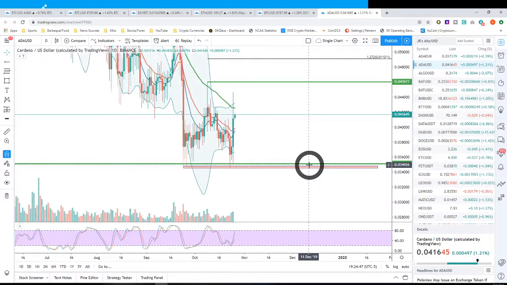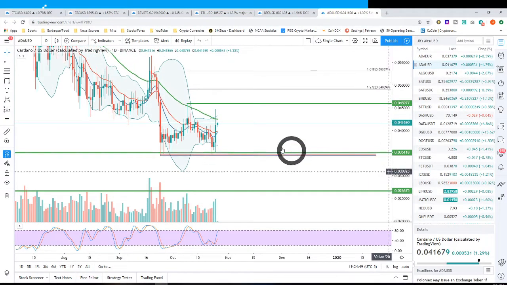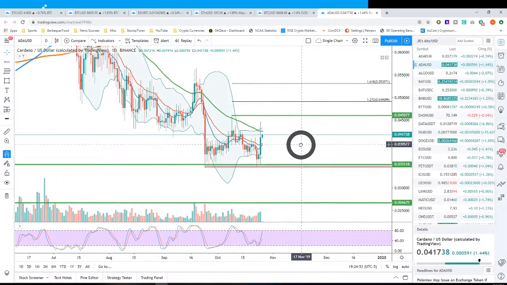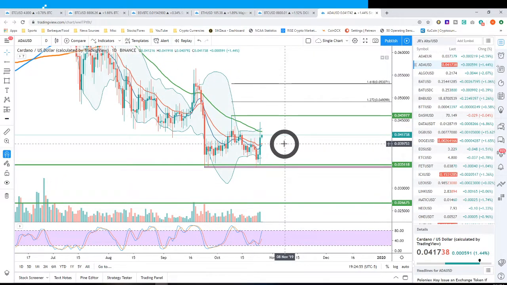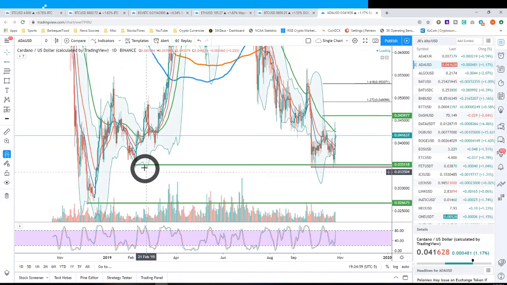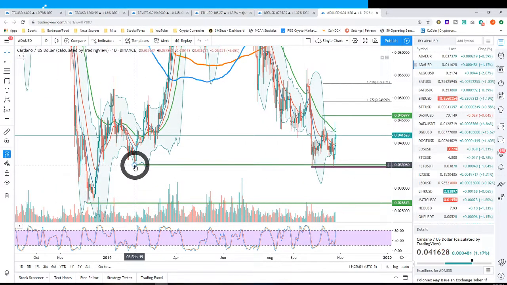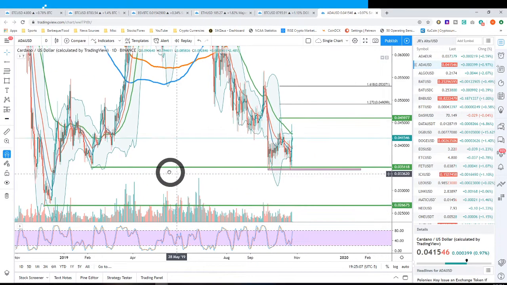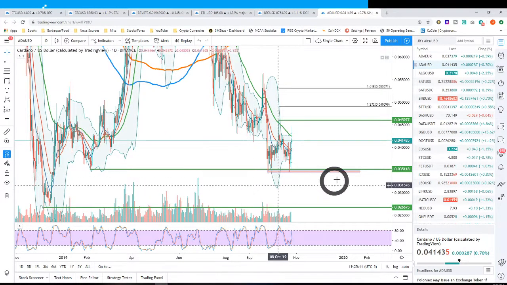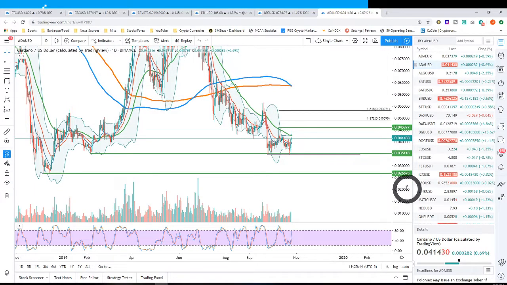Okay. 0.0349. My bad. Right there, I missed that. I don't know what in the heck I drew. I must have misdrawn it right there where that support was. My apologies. It can happen.